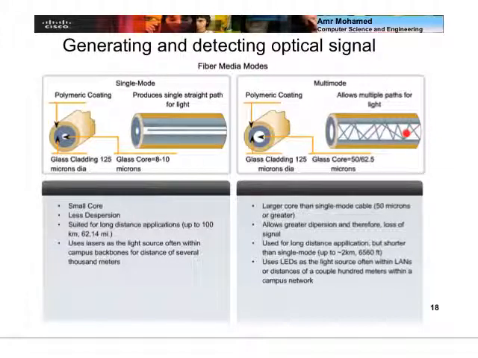Of course, the cladding will help it to reflect inside, but the fact that it creates multiple wavelengths like this restricts the maximum distance that it travels. So in that case, instead of 100 kilometers, it gets down to probably around 2 kilometers or less.